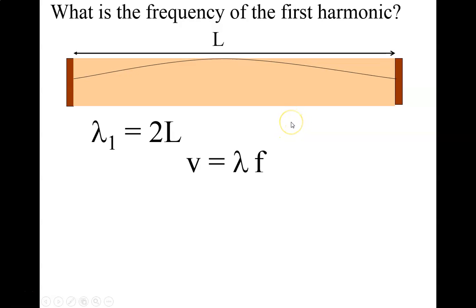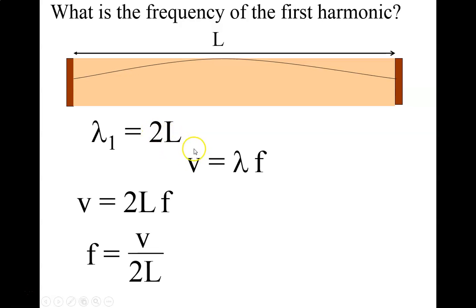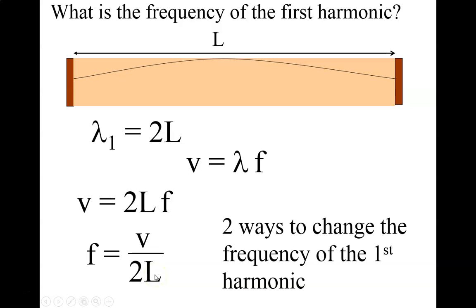Now we know that v equals lambda f, so we'll combine that with our fundamental harmonic relationship here, and solve this for frequency, and we'll get that frequency is equal to the velocity that the waves travel down the string divided by 2 times the length between the ends of the string. So we see there's 2 ways that you can change the frequency of the fundamental harmonic of something like a guitar string and change its pitch.